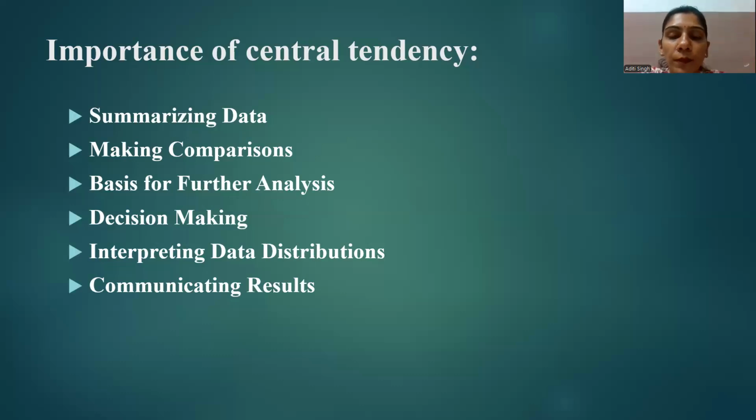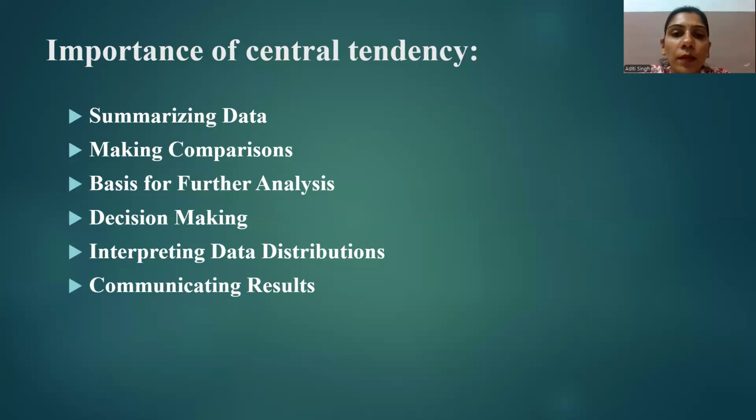First, summarizing data. Central tendency provides a single value that represents the center of a data set. This makes it easier to understand and interpret large amounts of data by condensing it into a manageable form.